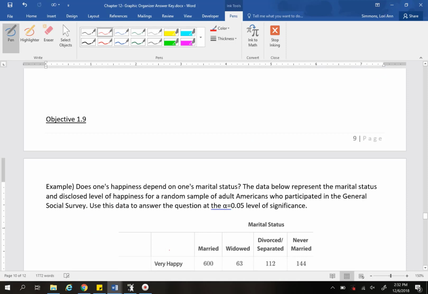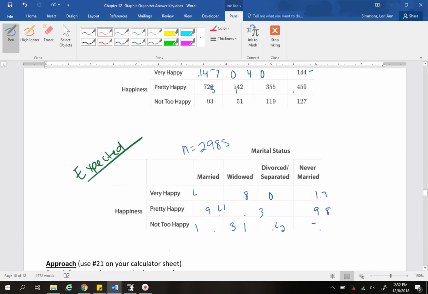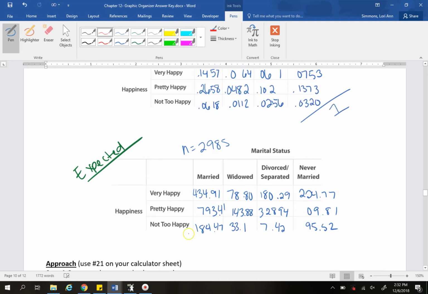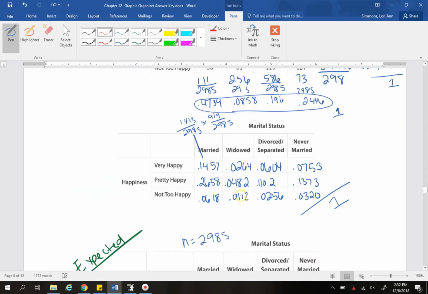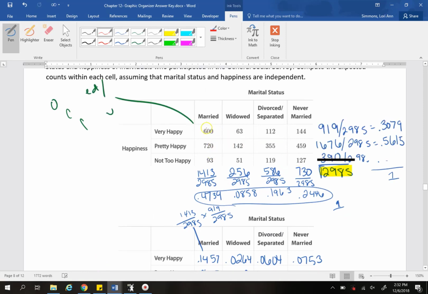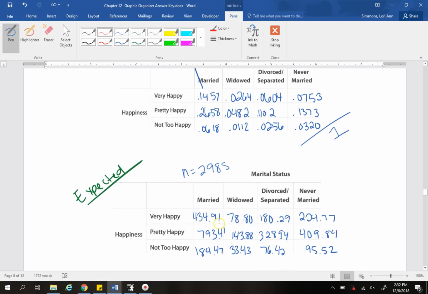Let's go back to page 8. On your homework, there's going to be a question on which of these contributed the most to the test statistic chi-square. So what you're going to want to do is look at the biggest difference. So if you take 600 and subtract the 435, that's a little over 150.